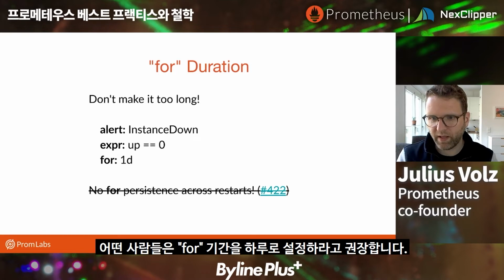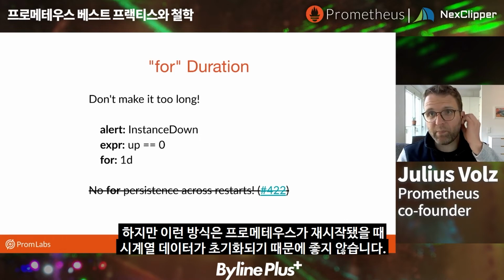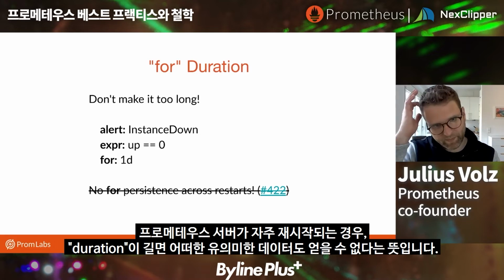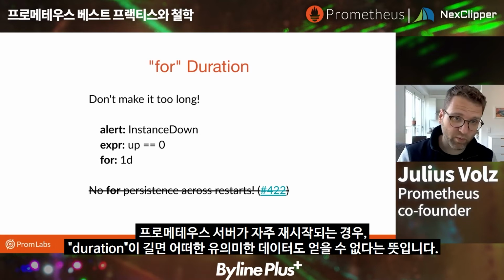So some people think it's a good idea to have a 1 day for duration. That used to be a really bad idea in the past, where Prometheus wouldn't remember the different alert series states over Prometheus server restarts yet. So if your Prometheus server restarted more frequently than your for duration was long, then it would actually never alert you on anything.